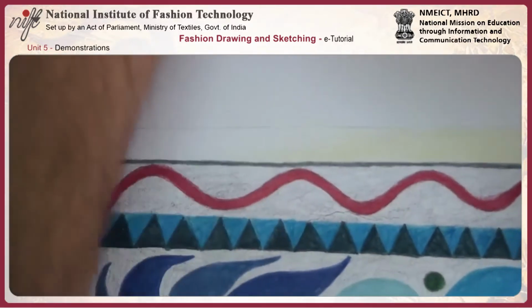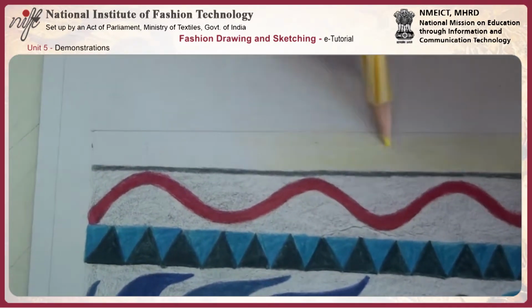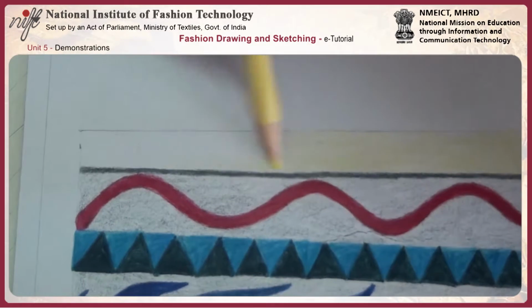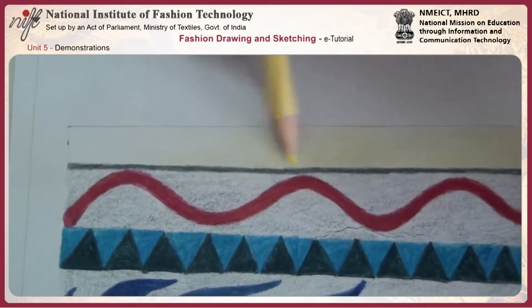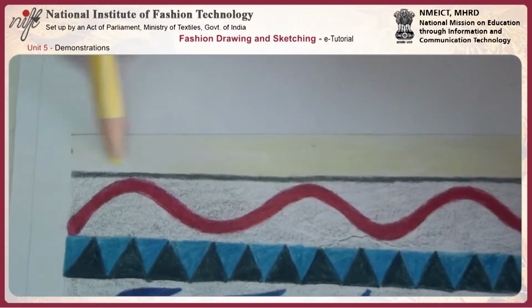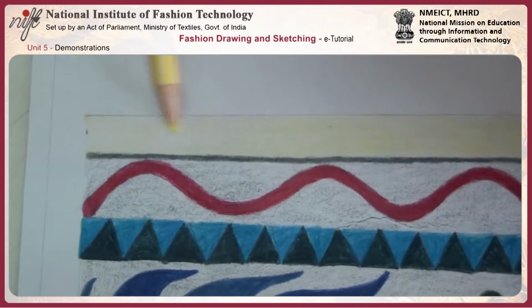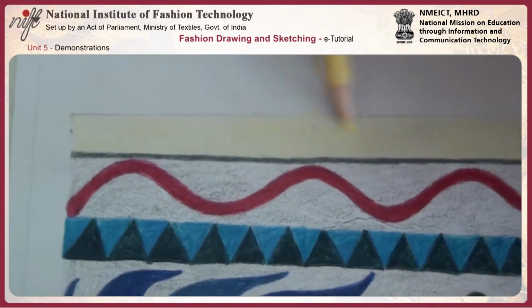These are the types of techniques you should practice as a fashion illustrator, because you will be coming across many such colors which look almost white, or in other words, they are known as off white.